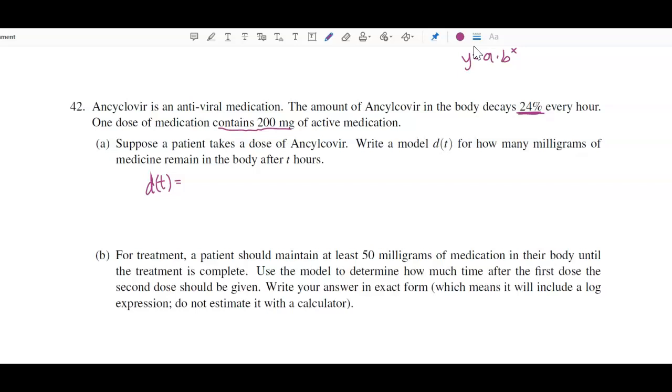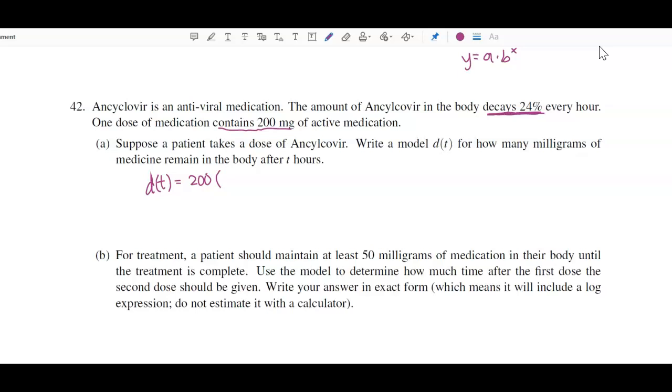All right, so it tells us that the start amount is going to be 200 milligrams because that's how much of the medicine they're going to be taking. So 200 is going to go in place of my A. And then B, it's saying that it decays, and so thinking of that decaying, 24% every hour, then we really need to figure out how much is staying in the body.